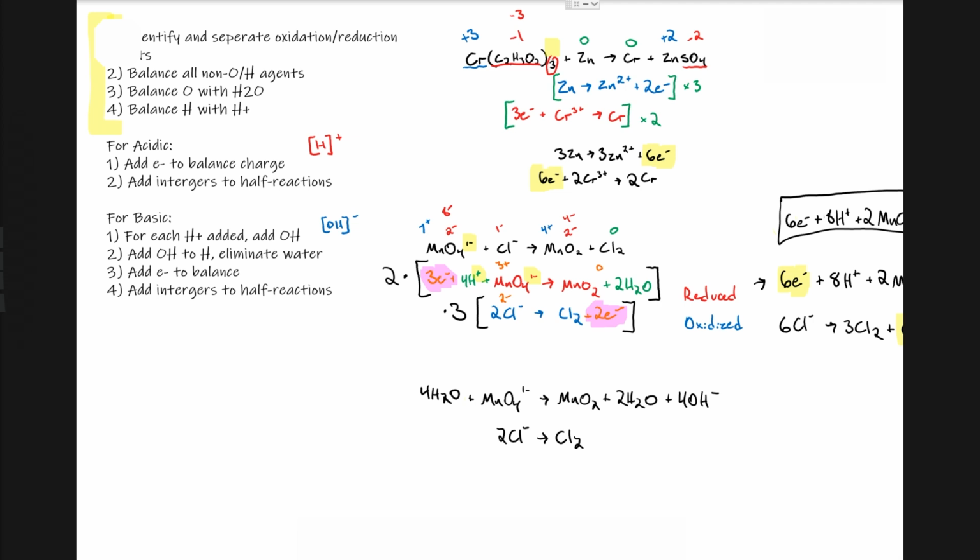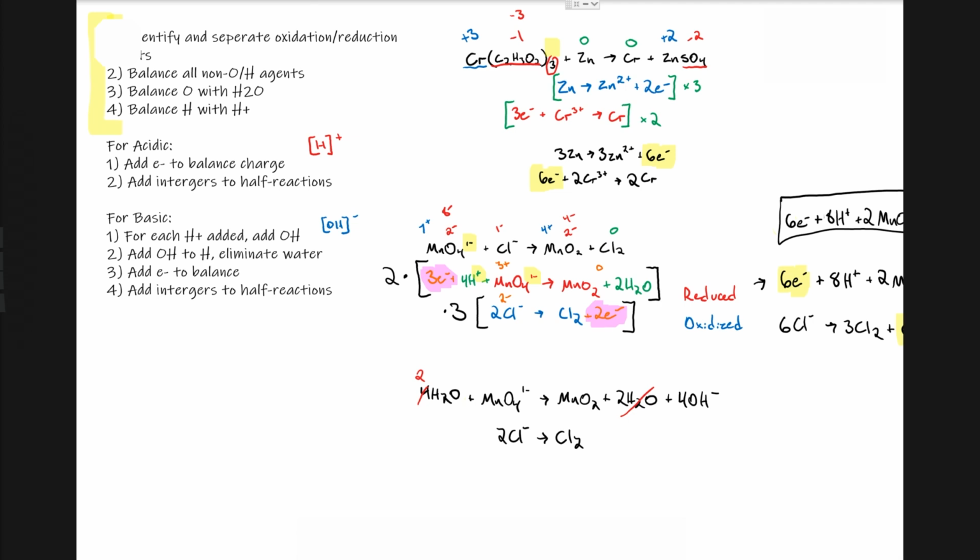So we have 2 waters right there, so we can also cancel out 2 waters on the left side. So at this point, we can go ahead and add electrons to balance the equation.